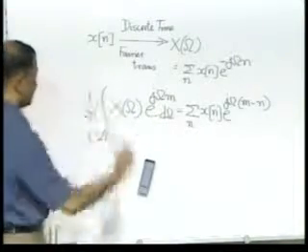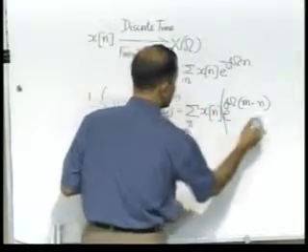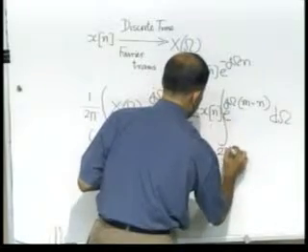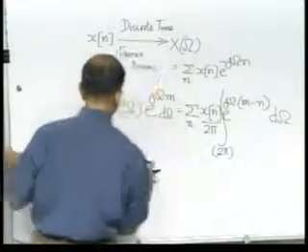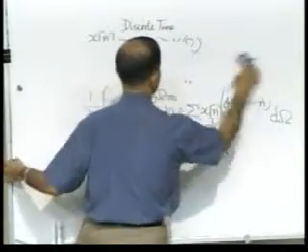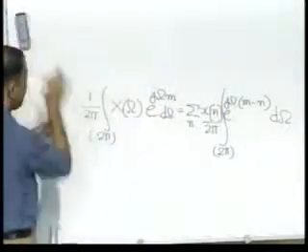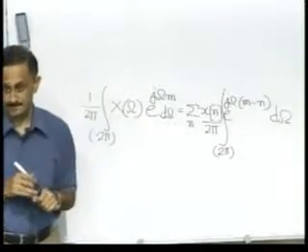This is the same thing as integrating over the same interval of 2 pi and dividing by 2 pi here, because x n is a constant. And since this integral is finite, it can be taken into the summation.